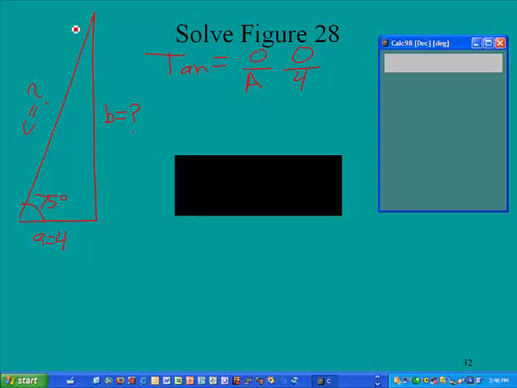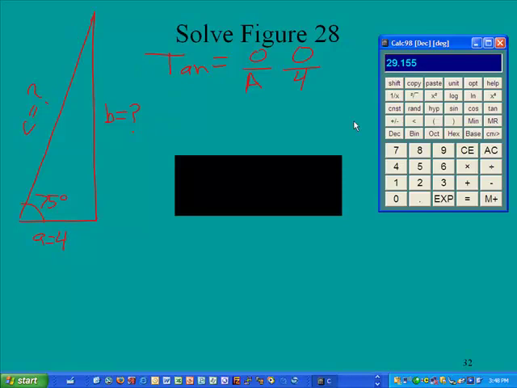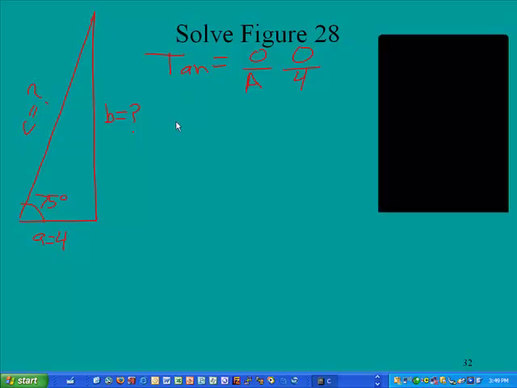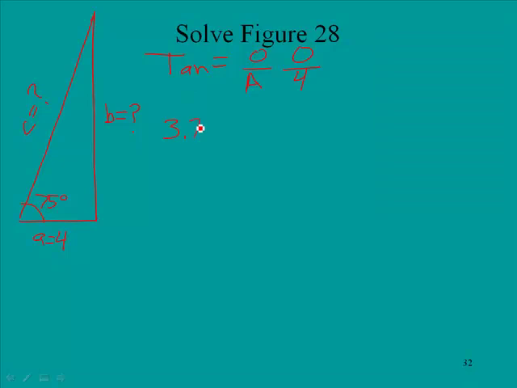Let's go and say the 75 and the tangent yields 3.732, so we will say 3.732 equals the opposite over 4.